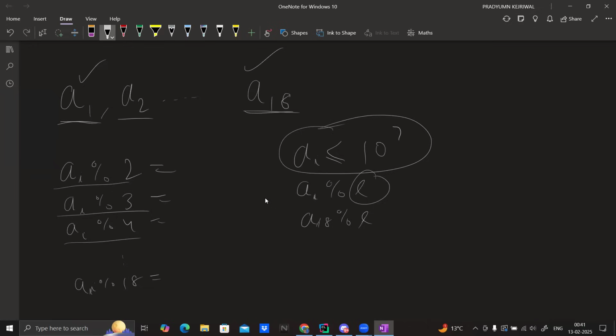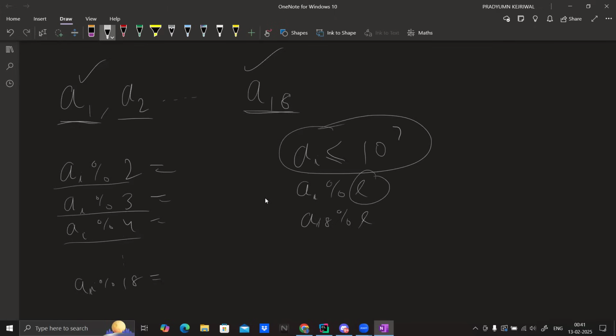So what I'm trying to say is that if I have an array of length at least 18, or let's say I have an array of length 18, where not all the numbers are identical, then we definitely have a subsequence for which the average is not integral.